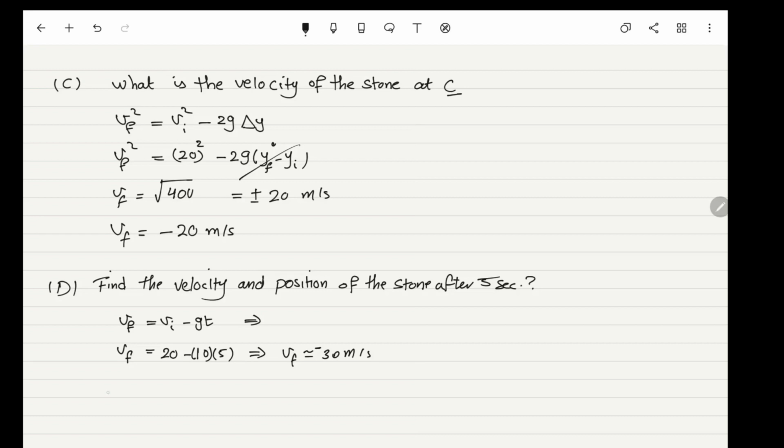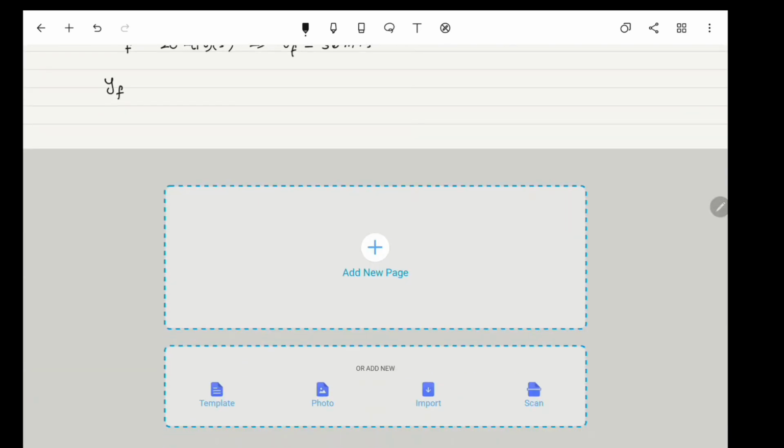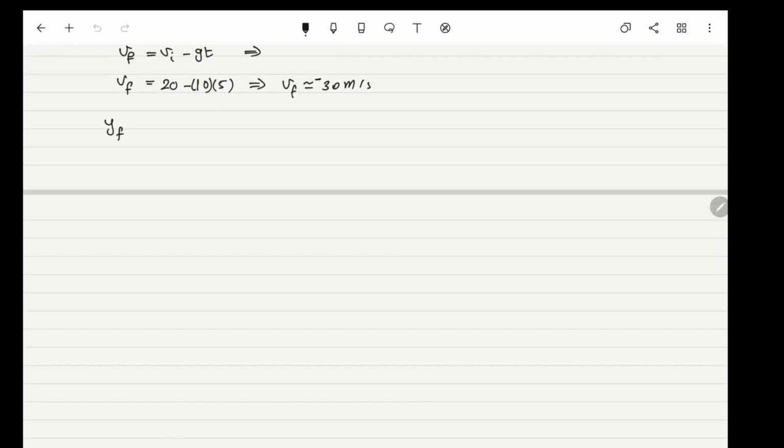Now to find the position, Y final equals Y initial plus V initial T minus half GT squared.